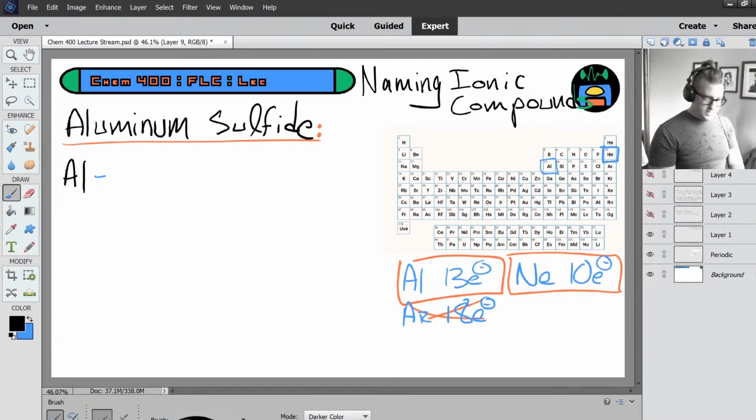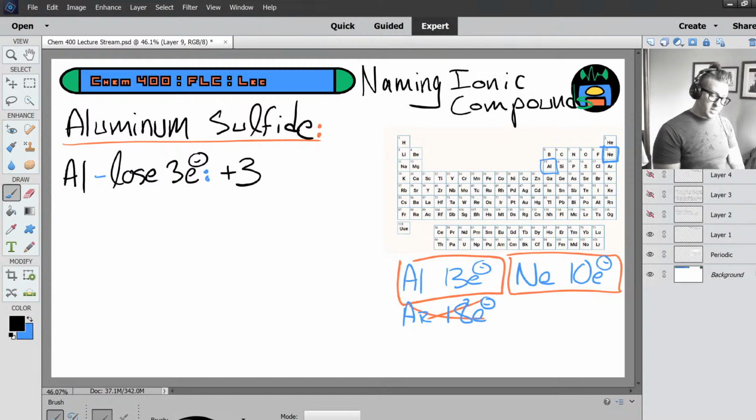So aluminum needs to lose 3 electrons to become like its nearest noble gas. And if you're losing 3 negative particles, the resulting cation will have a charge of positive 3. All right. Looking at sulfide. Sulfide is the anion based on the element sulfur.